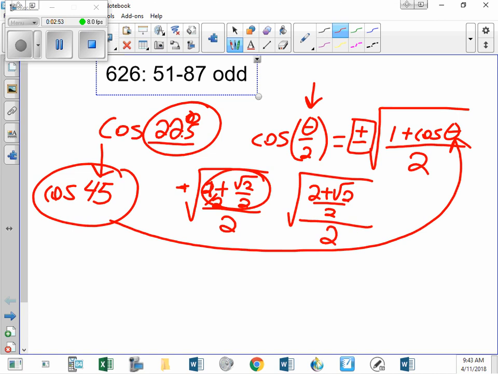And now I flip and multiply. So I take this 2 over 1, and I flip it upside down, and I get 1 over 2. And this stuff doesn't change, but the bottom becomes 4. So I get the square root of (2 plus root 2) over 4.